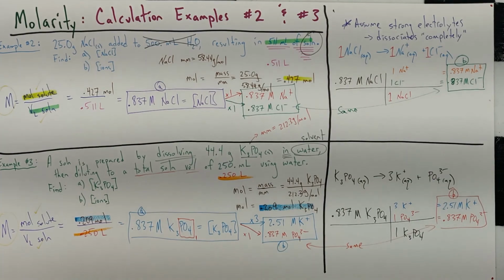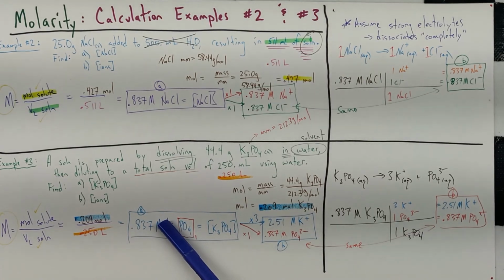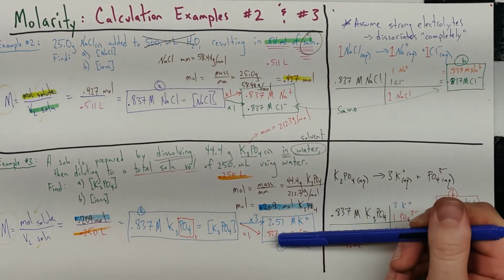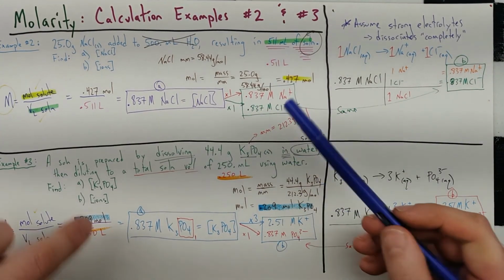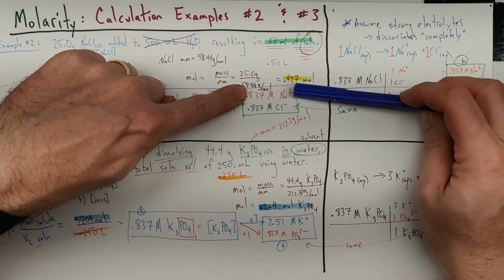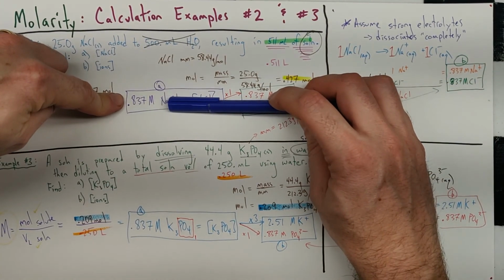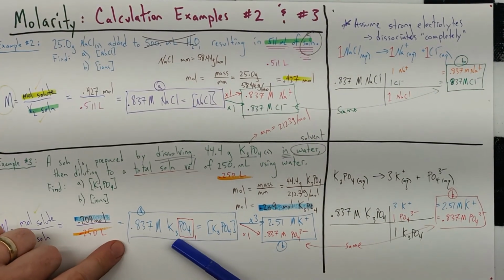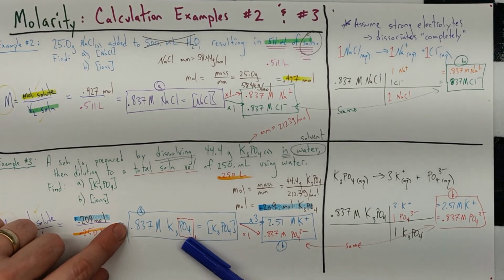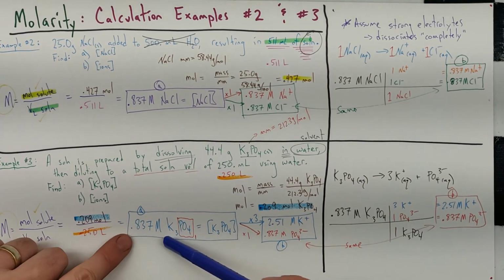Now, to let you in on what was going on far behind the scenes, I made sure that this number and this number would end up the same so that you could see that these numbers can be drastically different. 0.837 molar NaCl has 0.837 molar sodium ions and 0.837 molar chloride ions, because this all dissociates. In this one here, 0.837 molar potassium phosphate has 2.51 molar potassium ions, because it's 3 times that.